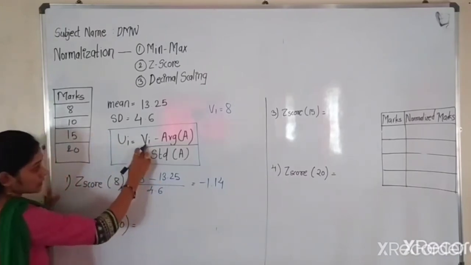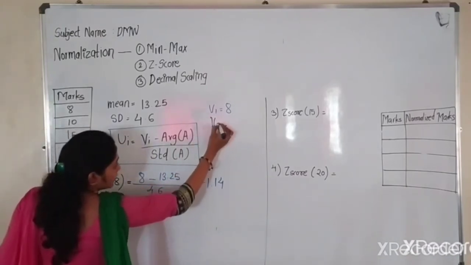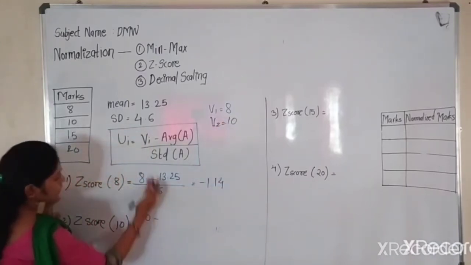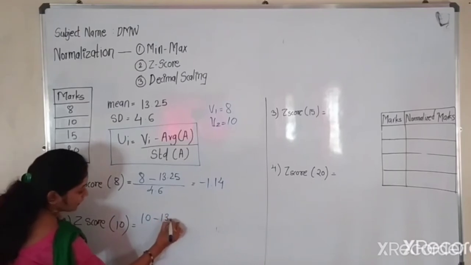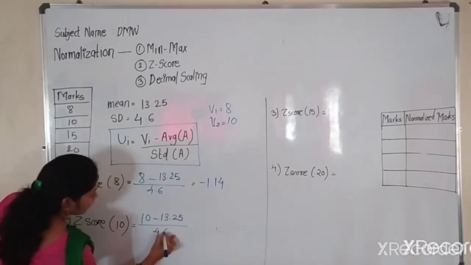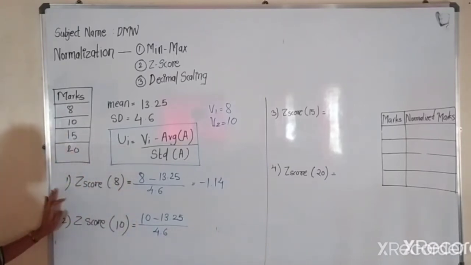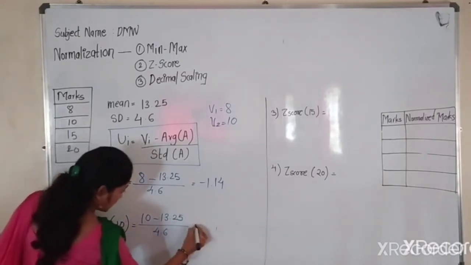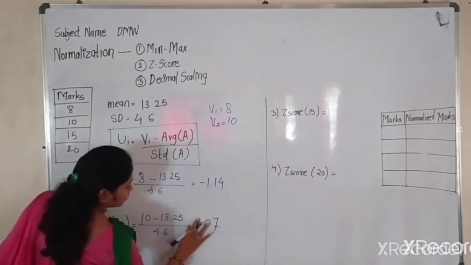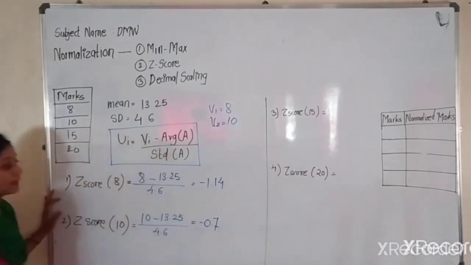In the same way, if we want to find the Z-score of this 10, again we put the value. Here my V2 is equal to 10. So 10 minus, what is the average? The mean is given as 13.25, divided by 4.6. After calculation of this, it is going to give minus 0.7.